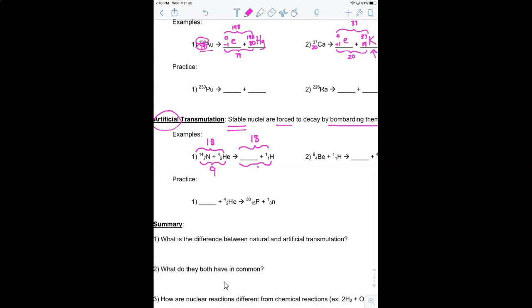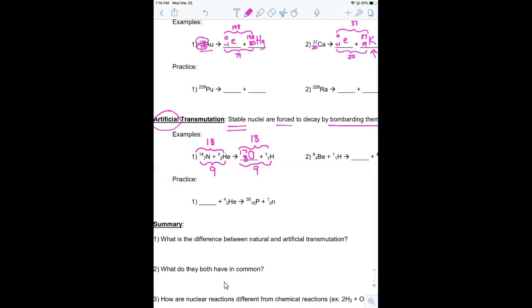So my charges over here also have to be 9. Okay, so now I can figure out what my missing piece is. If my top numbers have to add up to 18 and hydrogen is already 1, this has to be the 17. If my bottom numbers have to add up to 9 and hydrogen already has a 1, then this has to be 8. Which element has an atomic number of 8? Oxygen.